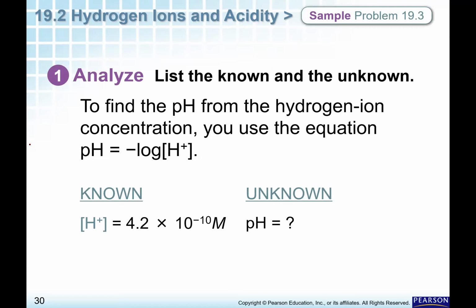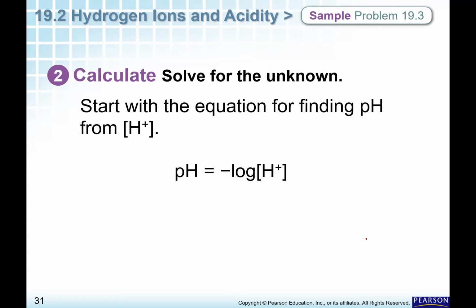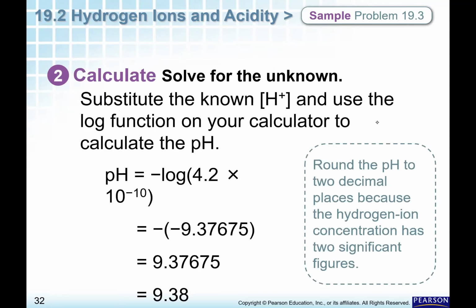And in that case, we're using the calculator. That will lead to 9.38. Okay, so having a pH of 9.38, is this acidic or basic? That is a basic solution because the pH is above 7. If it is above 7, then in that case it is basic.